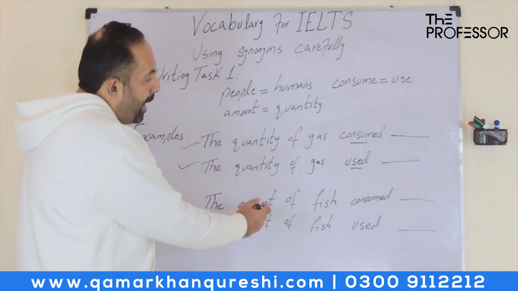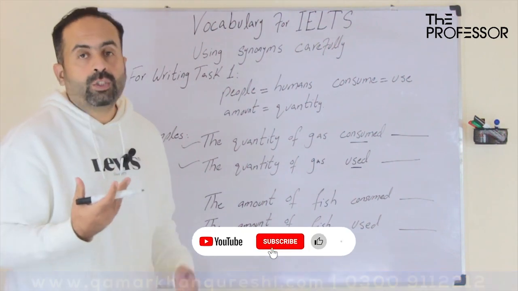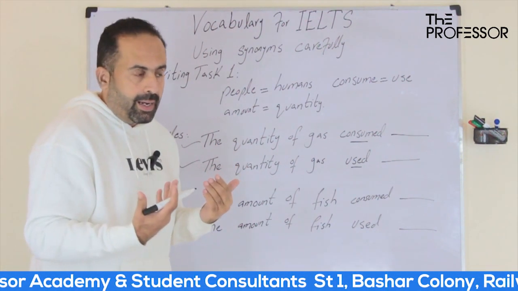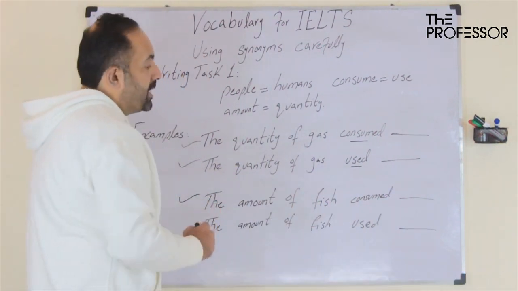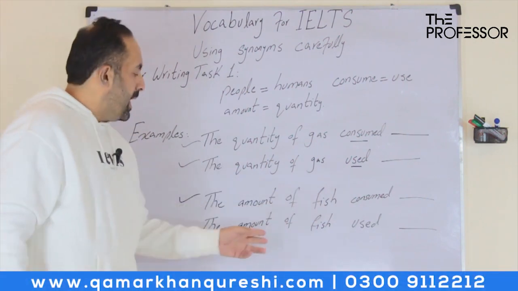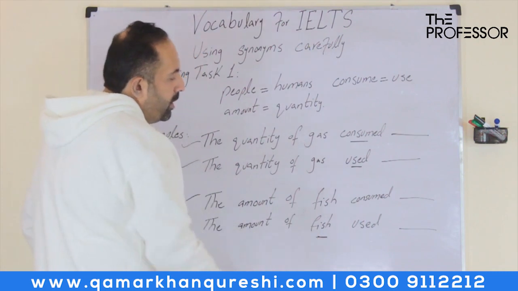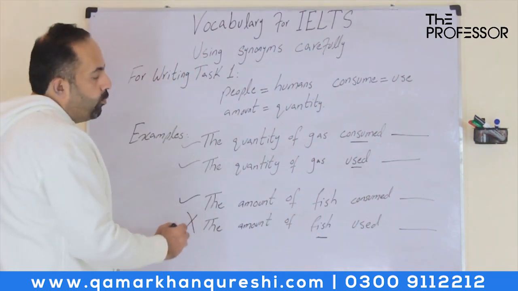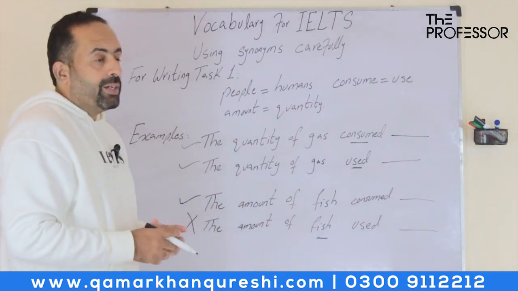Another example is the amount of fish consumed. Again, fish is an eatable, it's food. Consumed means you used it, you ate it. The amount of fish used. Now fish consumed is correct, but in this case, when it is food, the fish, we cannot use used. So it would be incorrect.